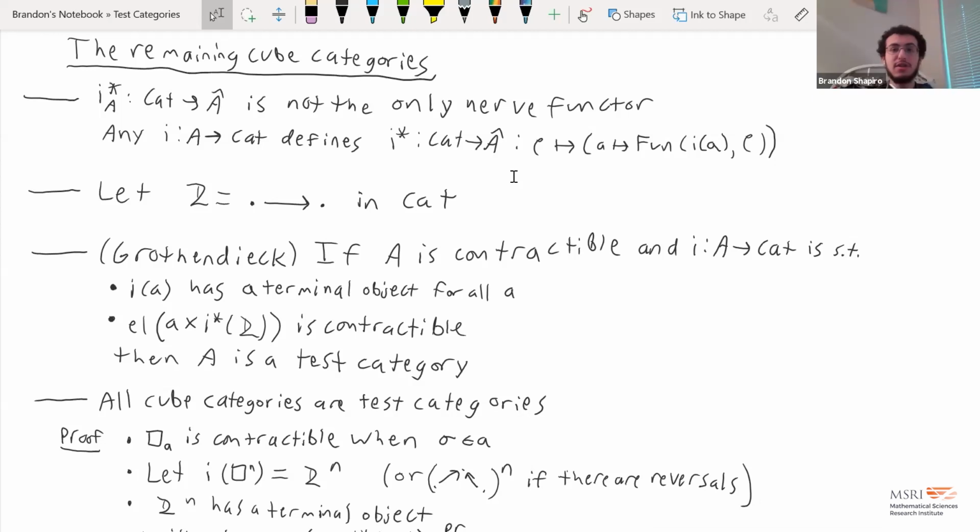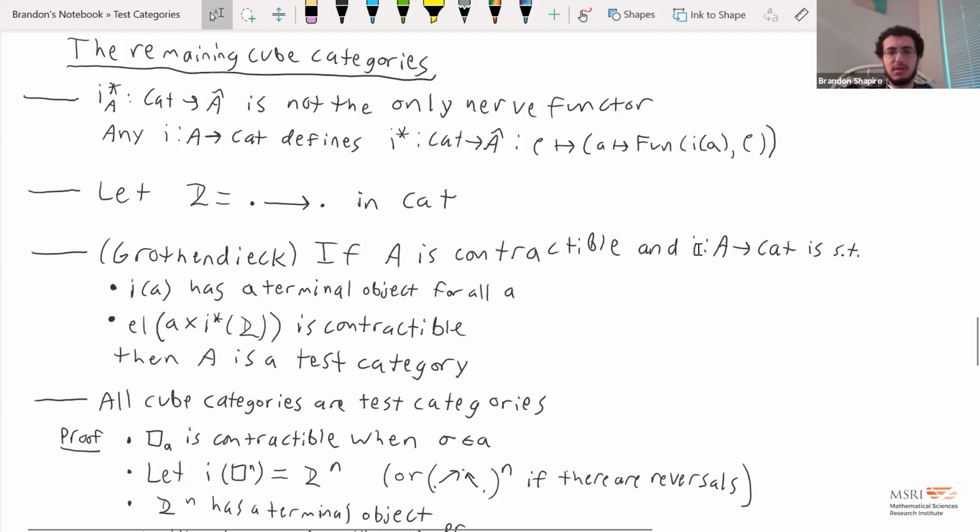Yeah, absolutely. So, like you were saying, simplicial sets are a great example of this because I sub A, or I sub delta, is not the usual inclusion from the simplex category into Cat. And part of the motivation for using these different functors, which when they have the appropriate properties are called weak test functors, is so that we can replace I sub A with a different I that's more convenient.